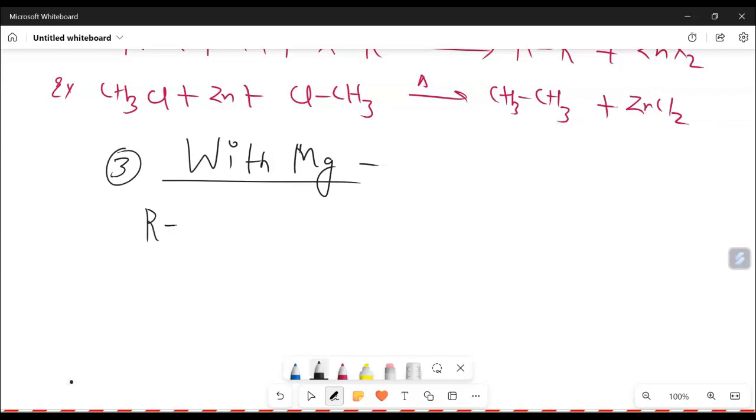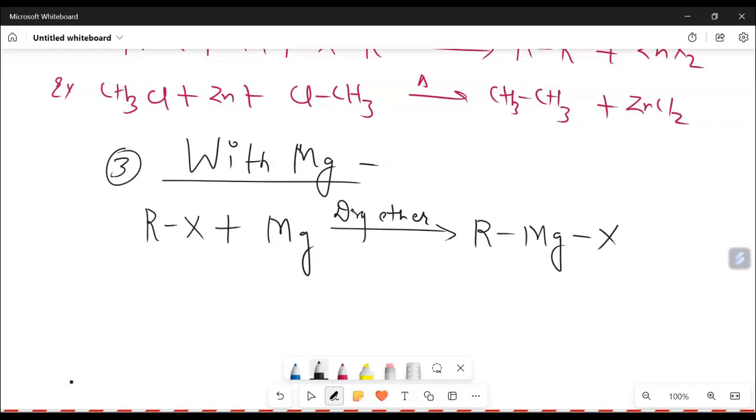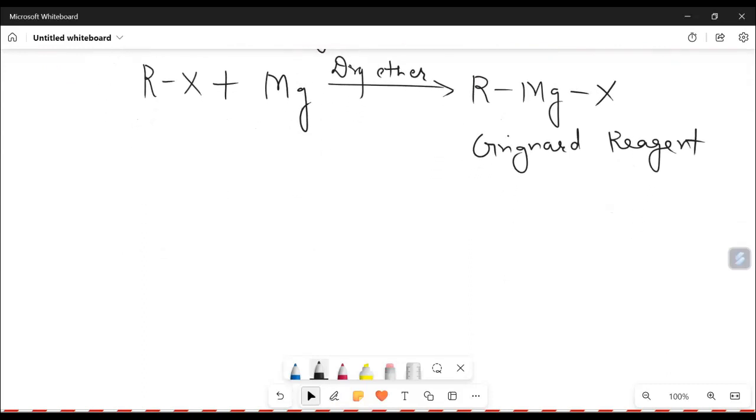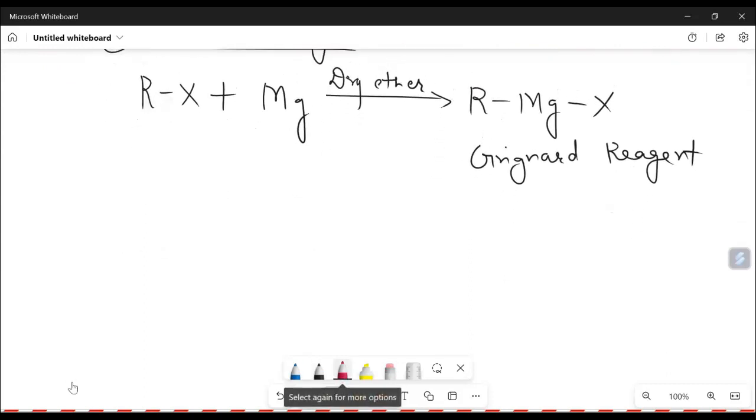Mainly what we have to do: alkyl halide reacts with Mg in the presence of dry ether, and it will form RMgX. This is also known as Grignard reagent. So the formation of Grignard reagent is from alkyl halide like that. You can remember that X is the halogen and R is the alkyl group in this reaction.